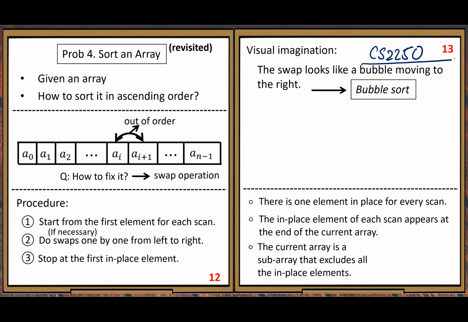Yeah, so you have some experience. But here in our discussion, we try to work on it based on our understanding of the problem solving. Because when you learned bubble sort before, you didn't learn that inversion concept, right?